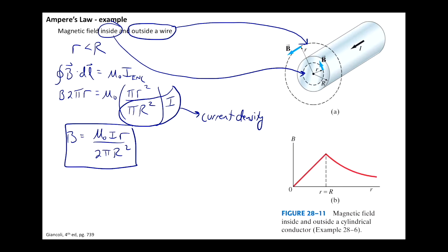As we go this direction on the graph, I'm including less and less of the current, so it makes sense that there's less and less magnetic field. You'll notice that it is just linear, proportional to R, the distance from the center of the wire. Once we get on the outside, we're using the other equation, which is proportional to 1 over R. So as I get farther away, it falls off as one would expect.